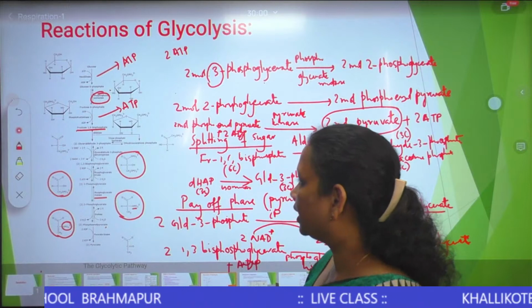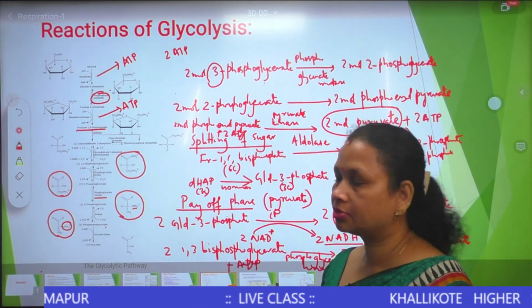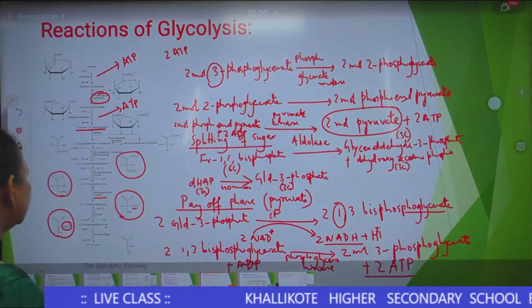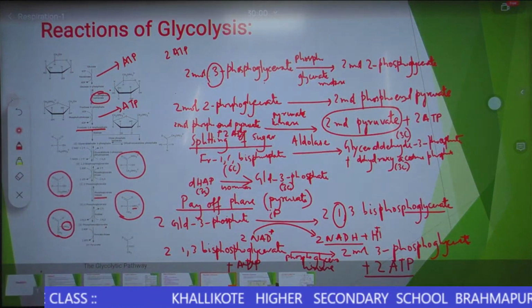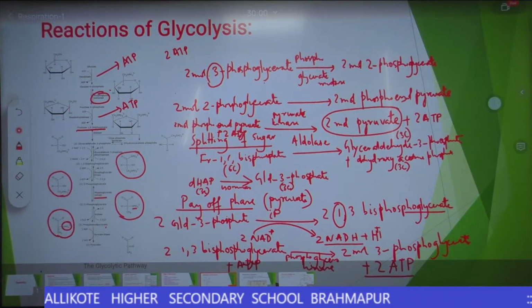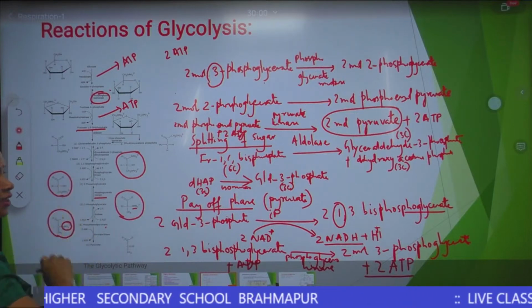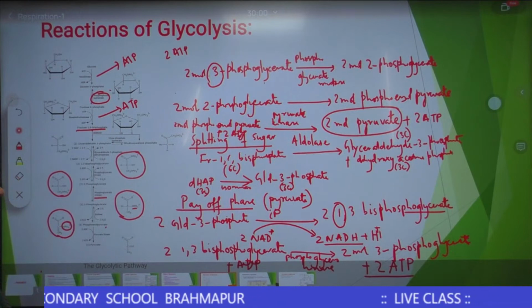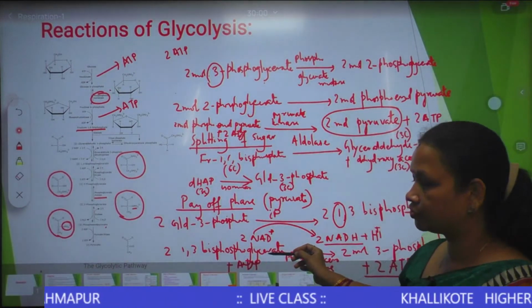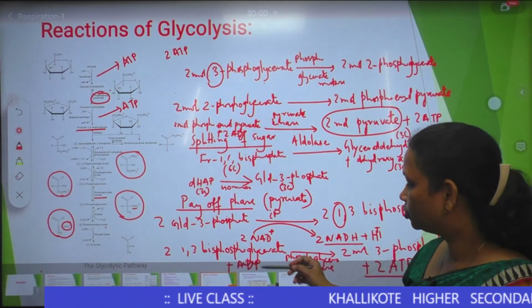Then how many ATP are actually produced during glycolysis? So, here we can see that there is production of 4 molecules of ATP. So, here 2 molecules of ATP when there is conversion of 1,3-bisphosphoglycerate plus 2 ADP.